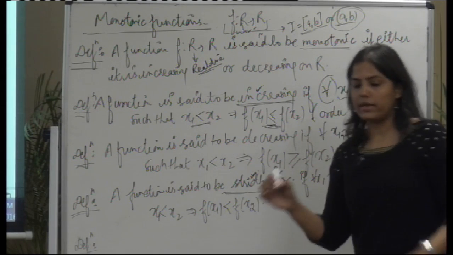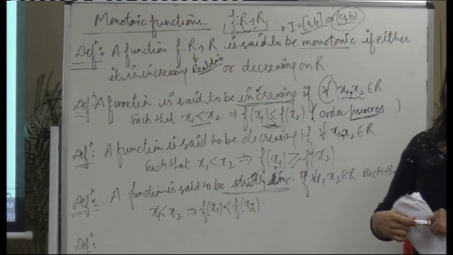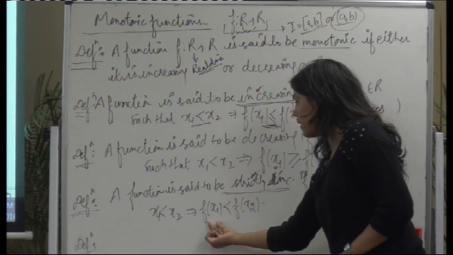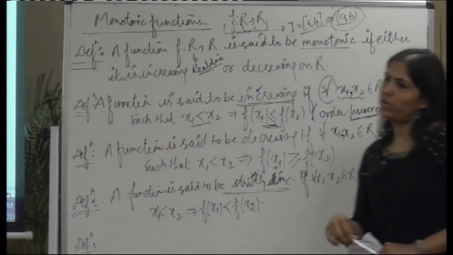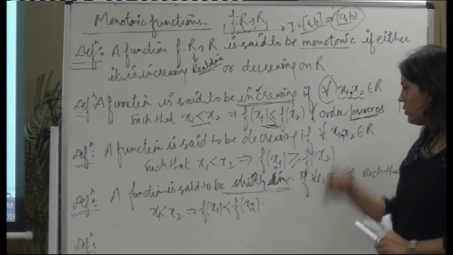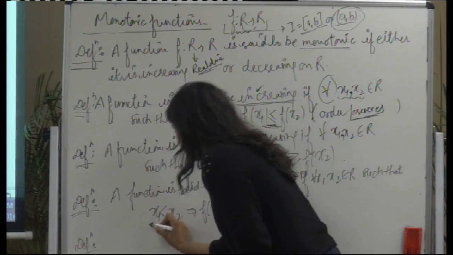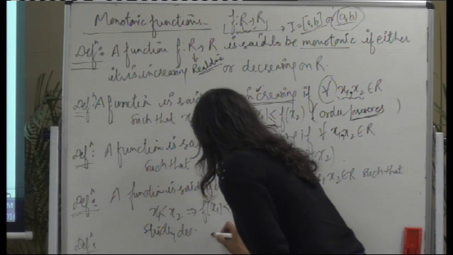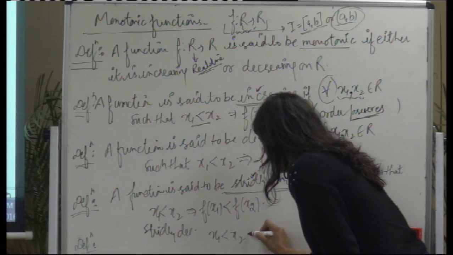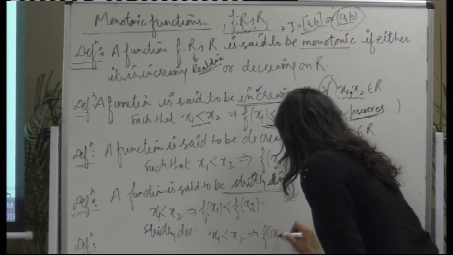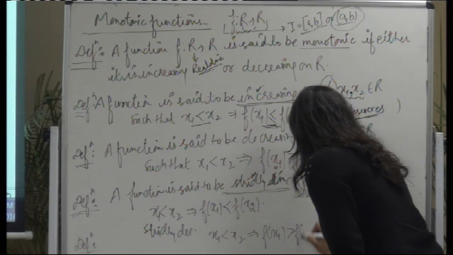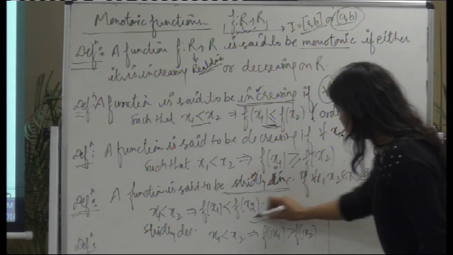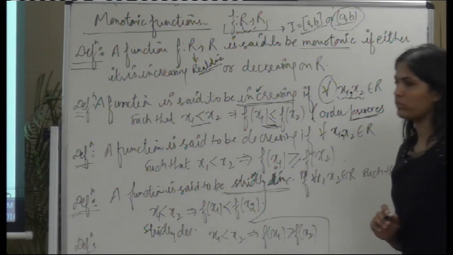For strictly decreasing, what will be the definition? x1 less than x2 will imply f of x1 greater than f of x2. So just quickly write it down. Strictly decreasing means x1 less than x2 will imply it reverses the order, that's it. Just write down the definition first.